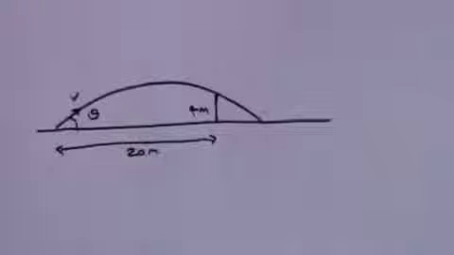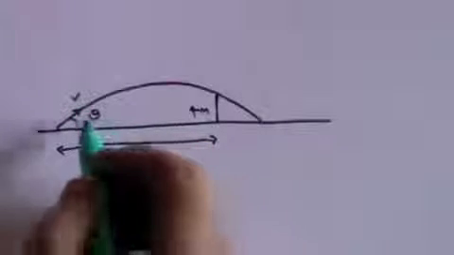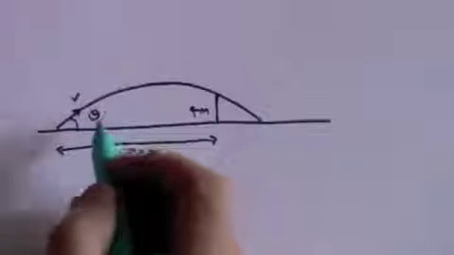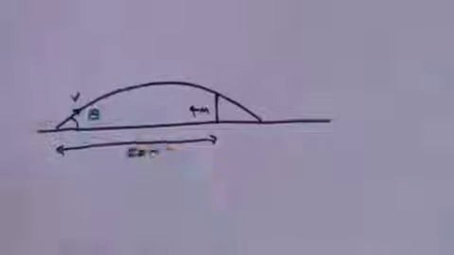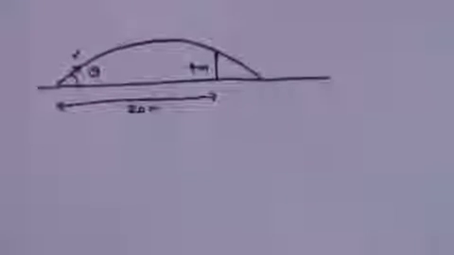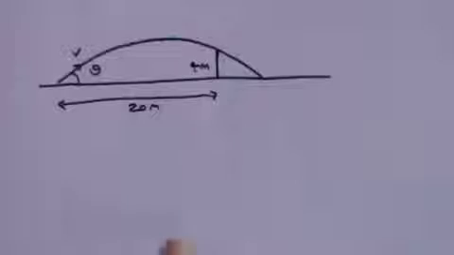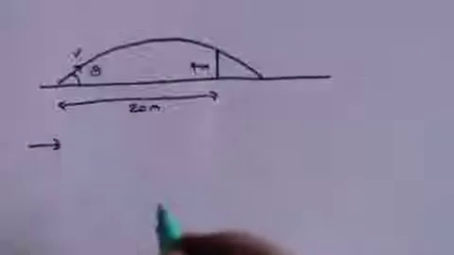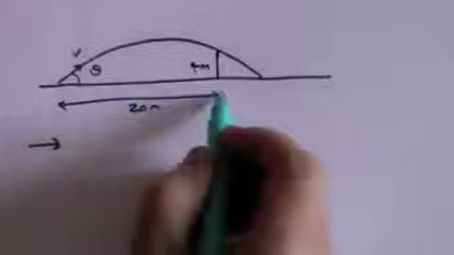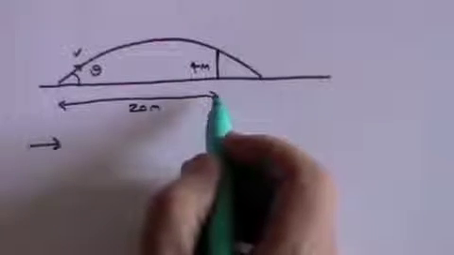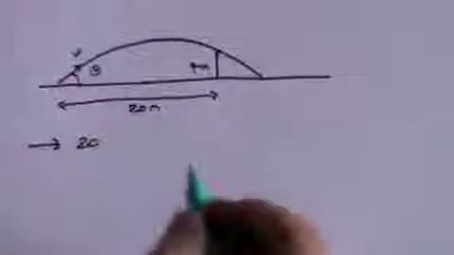Now, in fact, there are many solutions. So typically they might give you the velocity and ask you what the angle should be, or they might give you the angle and ask you what the velocity should be. So I'll just show you how generally you approach it. The first thing you can say is that in the horizontal direction, distance is velocity times time. Distance is 20.